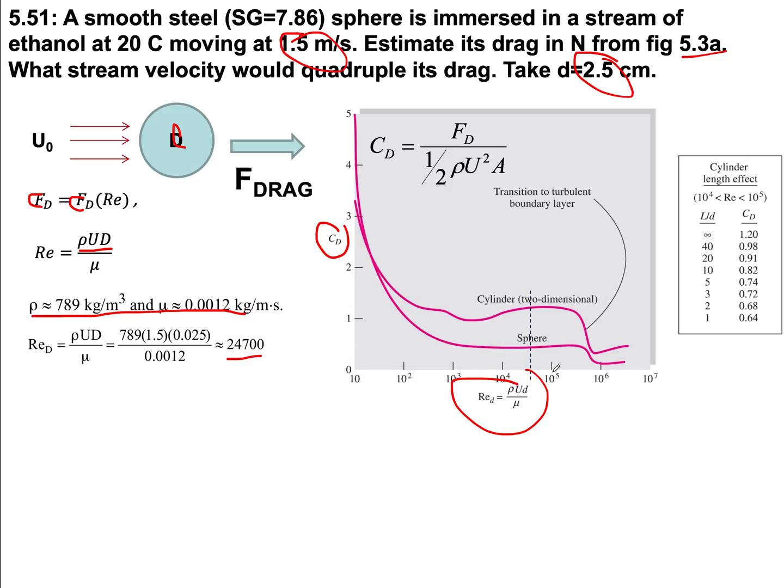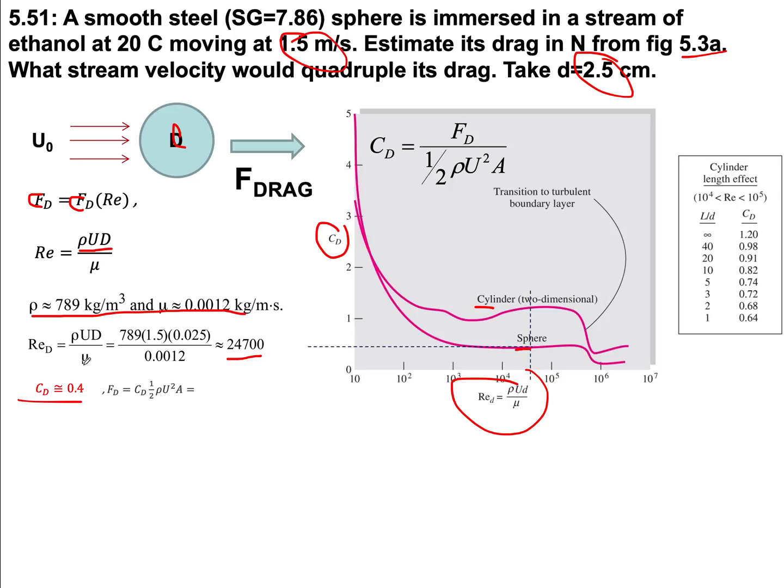So that's 10,000, that's 100,000, and 25,000 is almost halfway in between. And you have two curves, one for a cylinder and one for a sphere. So for the sphere, which is the problem that we're looking at, you get a drag coefficient a little bit less than half. So you get a CD of about 0.4.